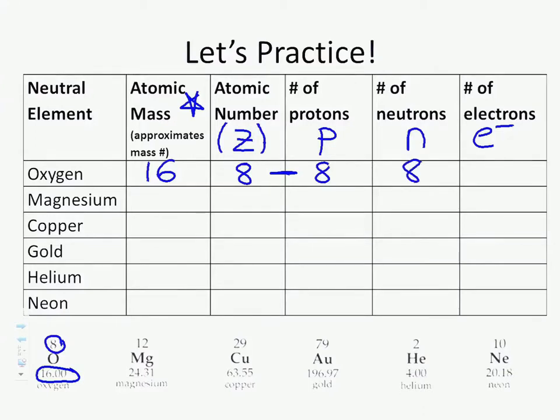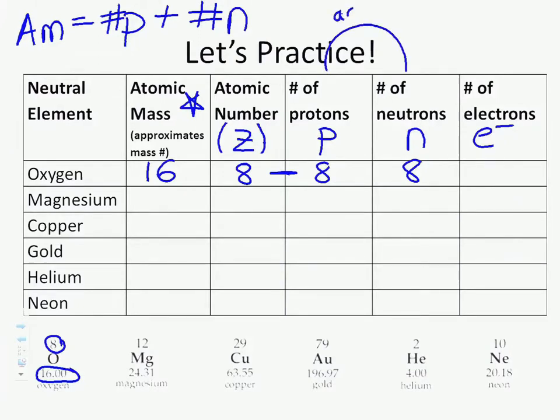Another way of saying that is atomic mass equals our number of protons plus our number of neutrons. So these 2 categories right here should always add up to atomic mass.